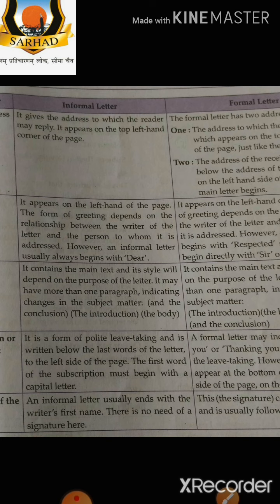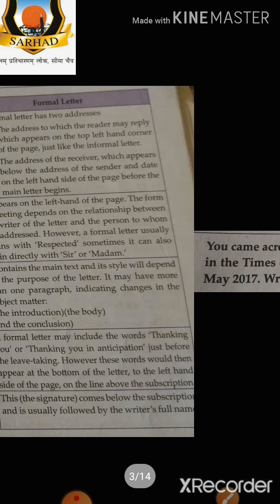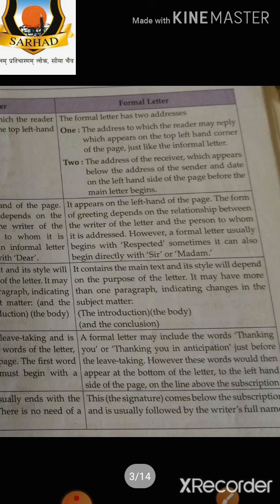If you are discussing your subject in detail, then more than one paragraph will come. But it is necessary to mention the first paragraph as the introduction and the last paragraph as the conclusion in an informal letter also.